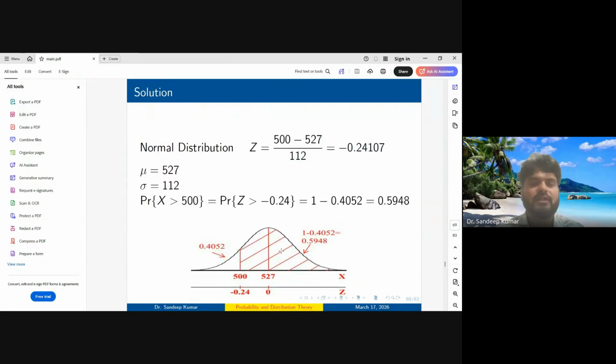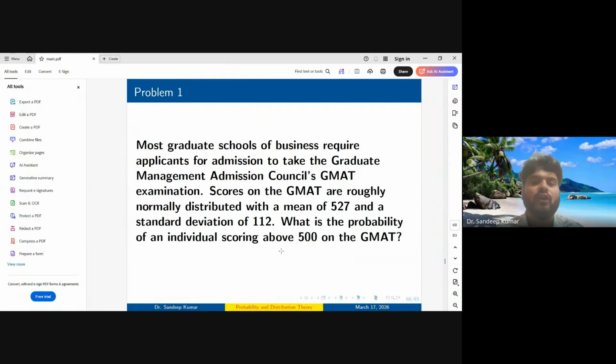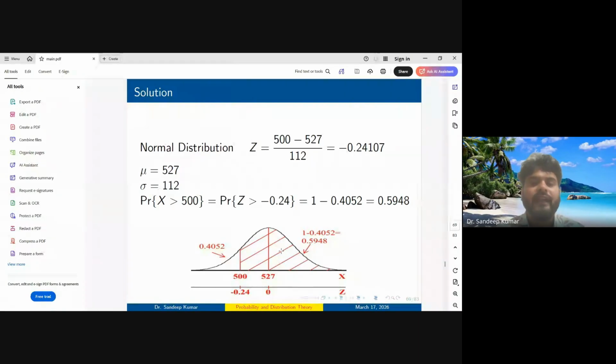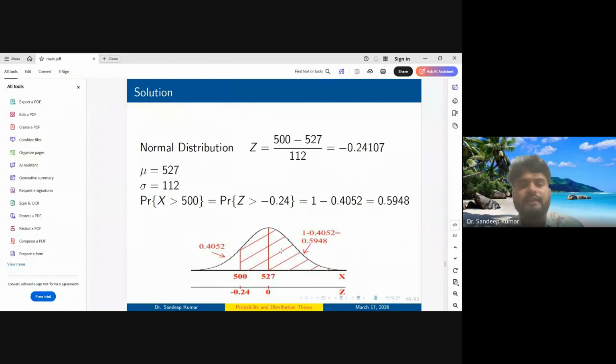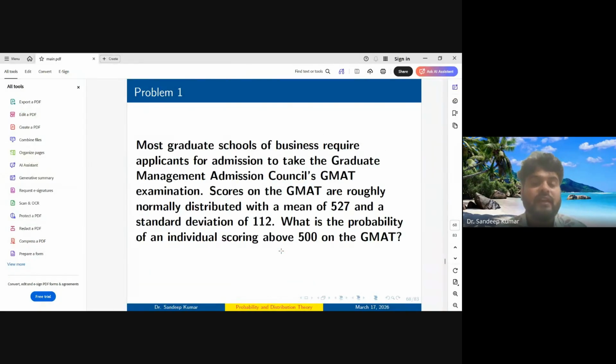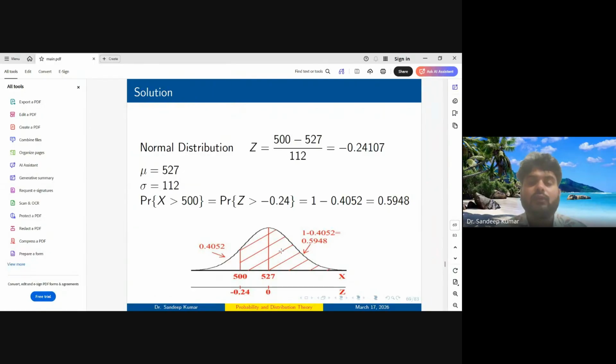So for the normal distribution, Z equals x minus mu upon sigma, the Z score. Here x equals 500 and mu equals 527, the mean of the normal distribution, upon sigma equals 112, the standard deviation, equals minus 0.24107.